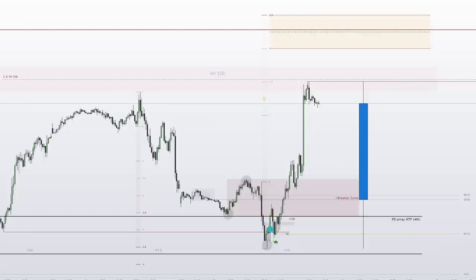Price closes above this bearish candle and has these retracements, this main threshold for this bearish candle, but inside this bearish candle, and price moves above this bearish candle and above the midnight open.